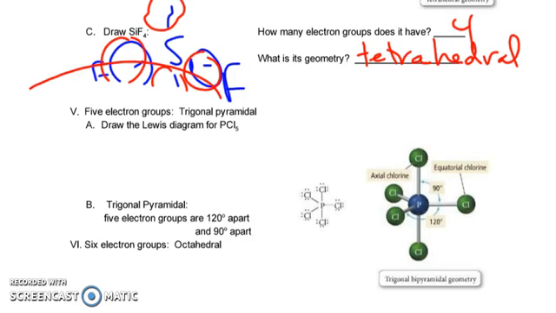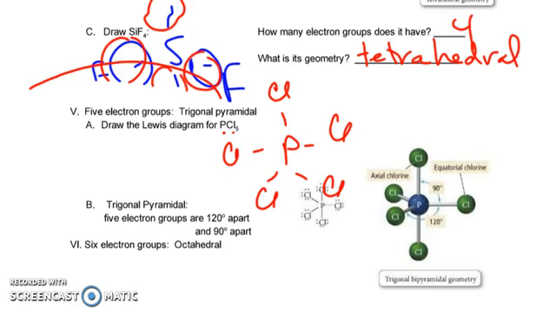Let's go ahead and draw this. So I have phosphorus, and I'll put the 5 chlorines on it, and there we go. Okay, and so what shape does this have?